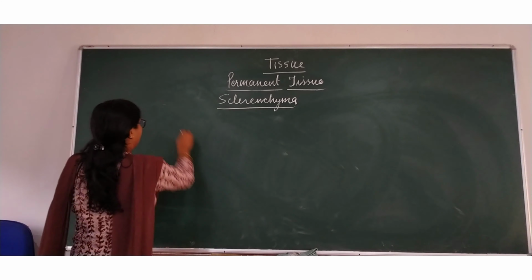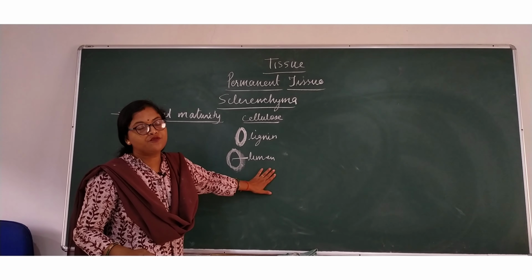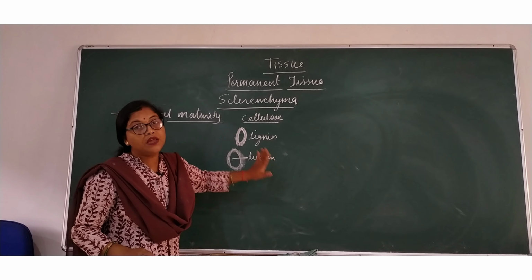So the sclerenchyma was alive, but because of the deposition of lignin in the cell wall, which stopped the exchange of important substances like water and air, it becomes dead. The cytoplasm got completely dead, so lumen is formed.